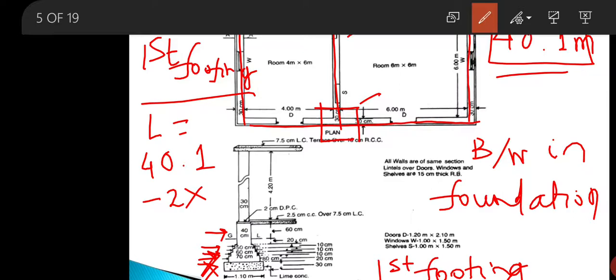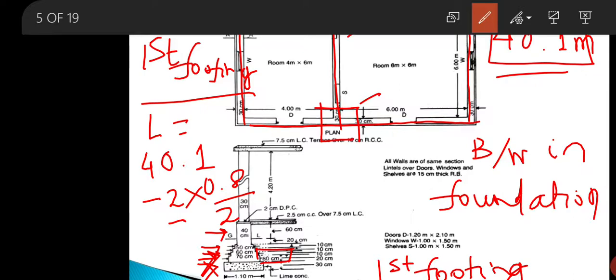So as we are doing the calculation of first footing, we will consider the width of the first footing. You can see from the section, the width of the first footing is 80 centimeter. Therefore, we have to subtract half of the width for both junctions. Therefore, we will multiply here 2 into 0.8 by 2, which will give us the length of the first footing.